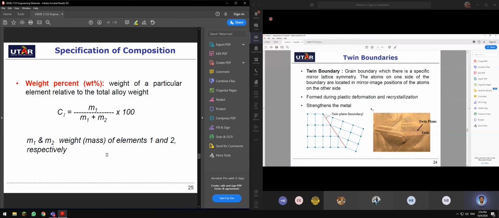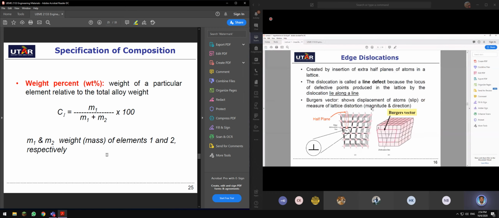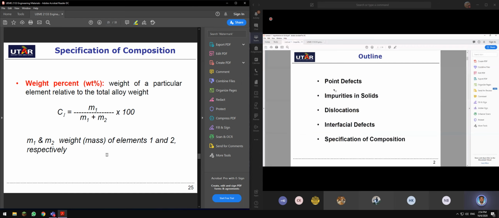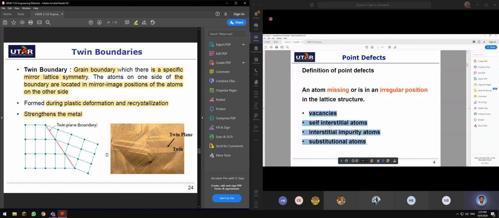Okay, guys. So that is on twin boundaries, grain boundaries, and all the imperfections. I've covered point defects. I've covered impurities in solids. I've covered dislocations and also interfacial defects. All right. And for point defects, these are the types of point defects you should know.